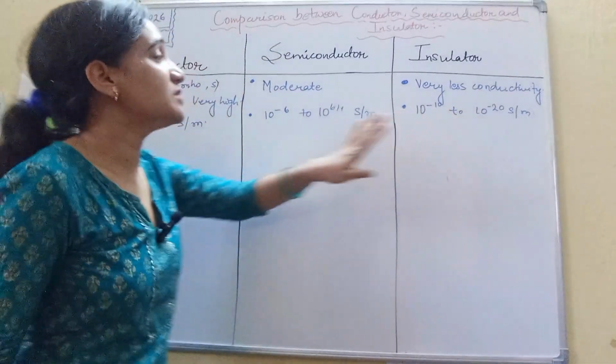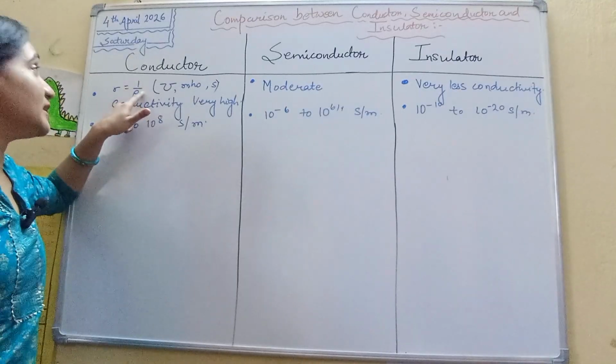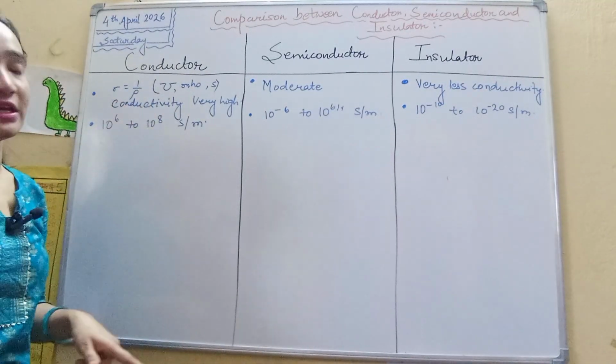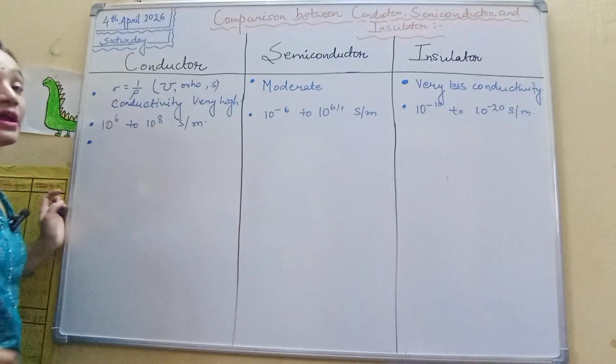Now we have seen the relation between conductivity and resistivity. If the conductivity is very high, then it is sure that your resistivity will be very low.